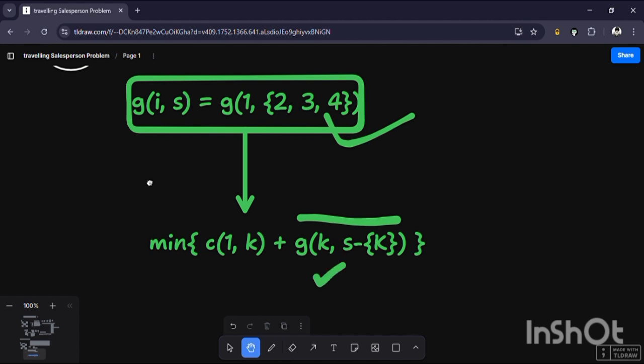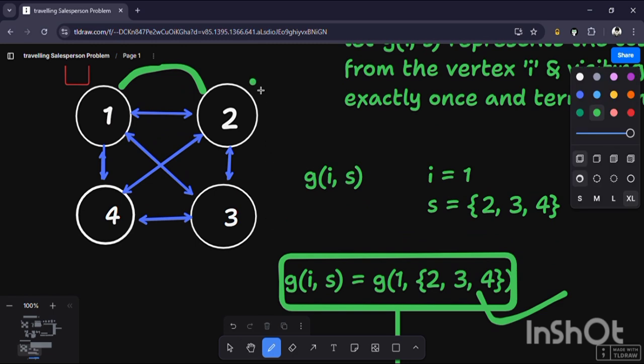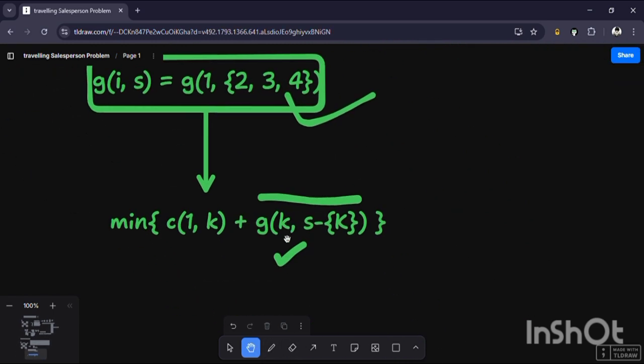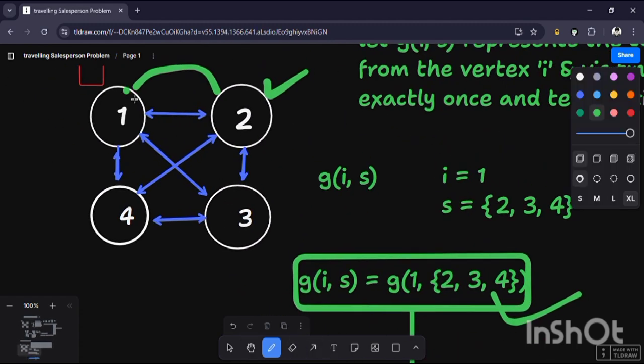Now what is my initial value? Now that I have reached here at 2, my I value will be 2, right? So that's why I have written here k, meaning the general form 2. Now what remaining options do I have? From 1 I have reached 2, right? At 1 I had options 2 3 4.